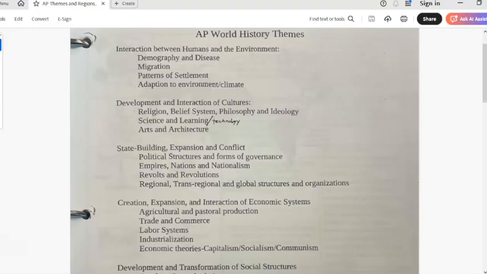Okay, if we look up the definition online, one definition here is: it refers to the shared beliefs, values, behaviors, and material objects that characterize a particular group of people, encompassing language, religion, customs, and social habits. So if we're looking at the culture of Catholicism, there's physical representations of that.